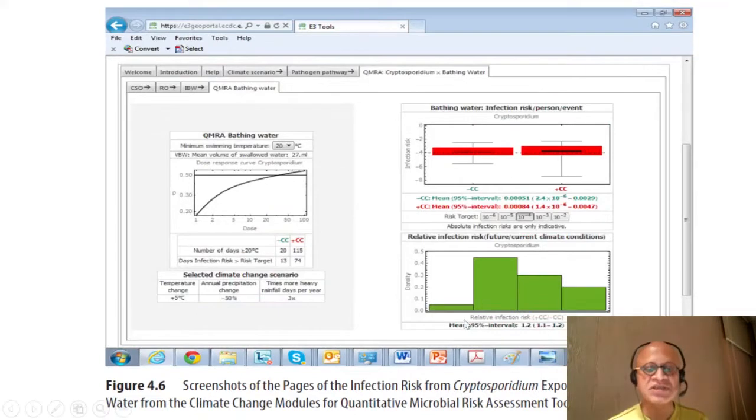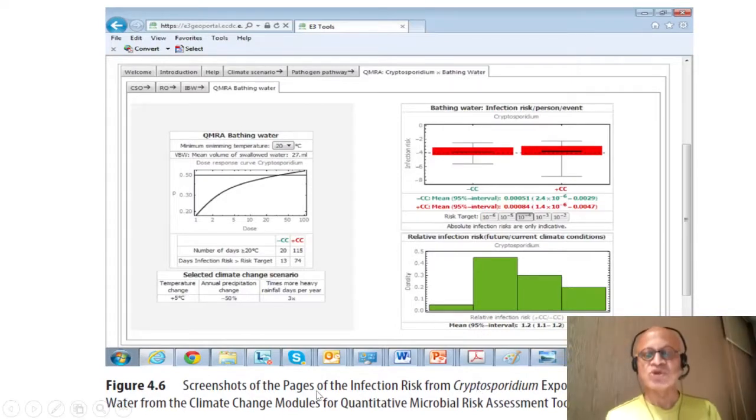So 4.6 is screenshots of the pages of the infection risk from cryptosporidium exposure from bathing water from the climate change modules of the quantitative microbial risk assessment tool. So the tool is telling users specifically about infection risk from cryptosporidium exposure from bathing water.